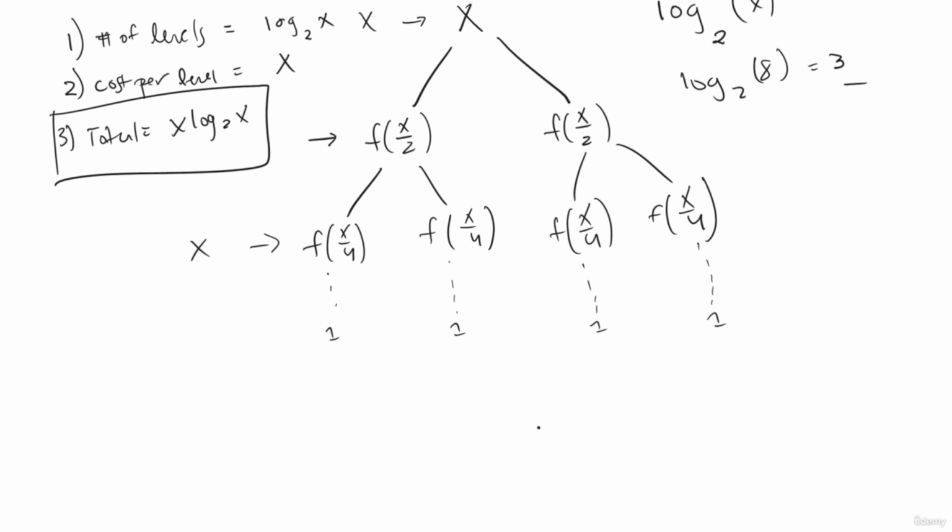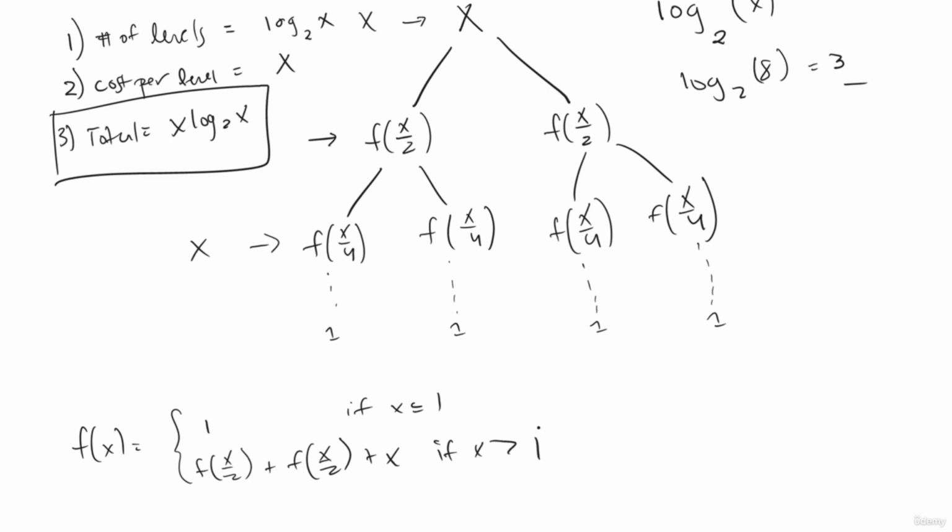That's enough real estate. We can say that our function up top, which is this f of x equal to, let me write it again, if x is less than or equal to 1, or f of this right here is always going to be less than or equal to c, some constant, times x log base 2 of x.